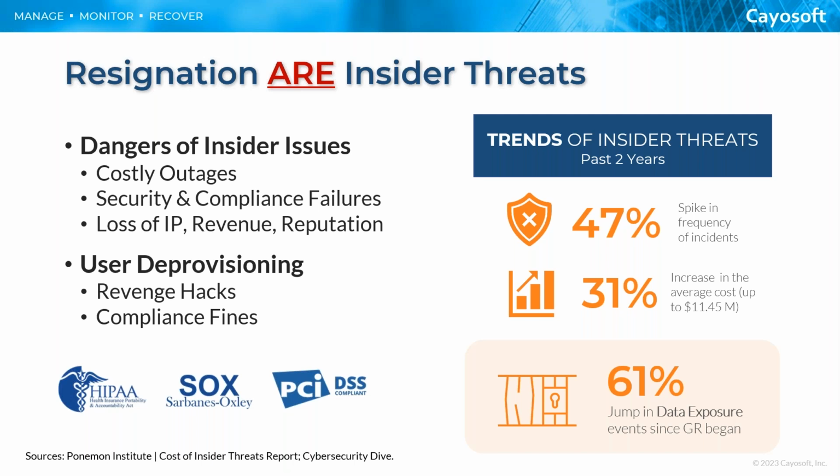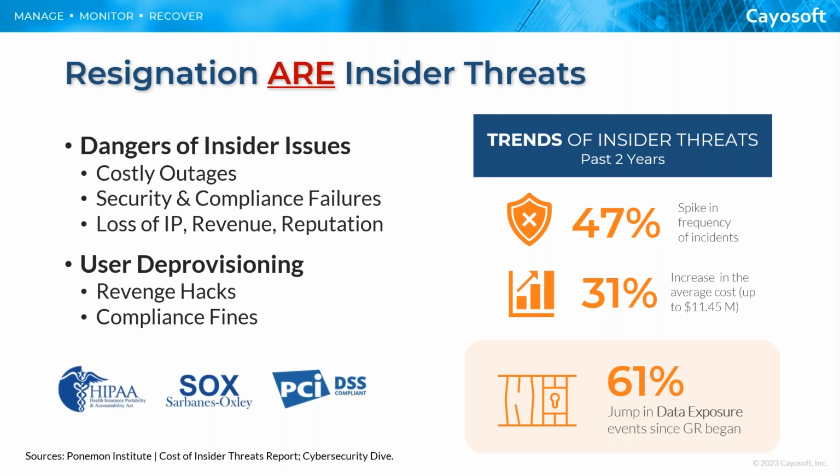Revenge hacks are one of those things that we hear quite a bit of. And another source of costs is that if you are under legal or regulatory compliance requirements, there may be fines associated with material findings or breaches of those protocols, and those can be quite extensive and expensive.